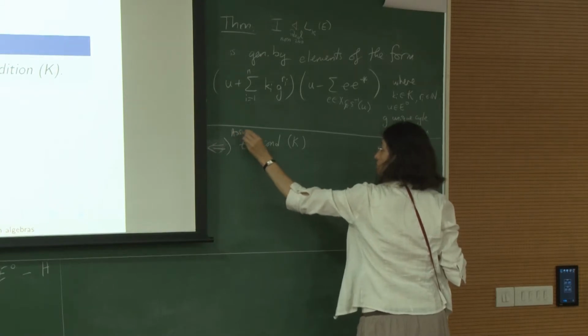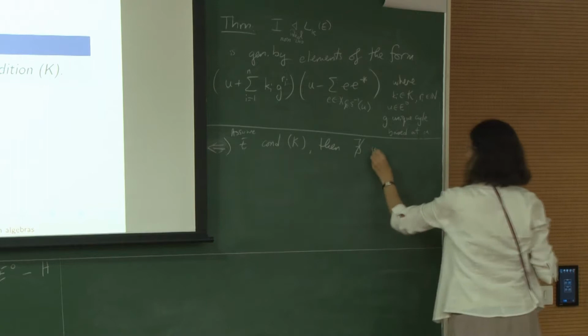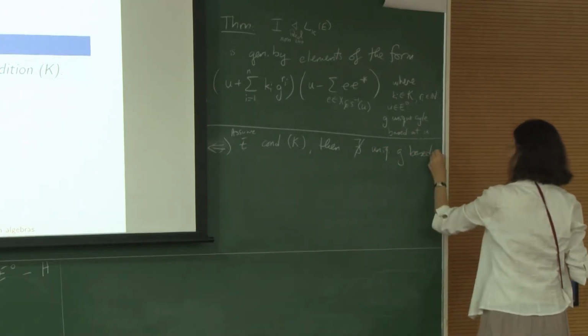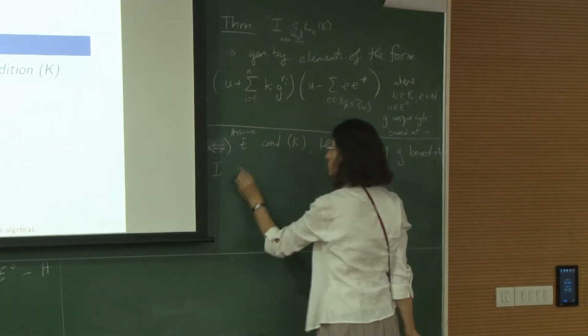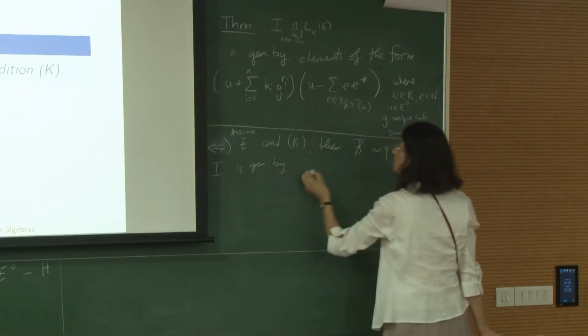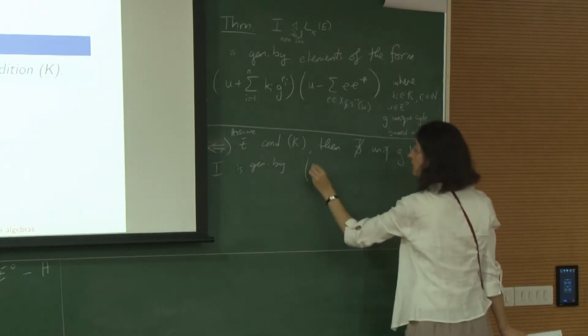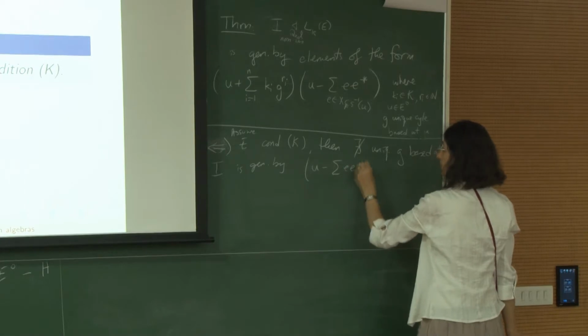Then any ideal is generated by U times this element, which is nothing but elements of this form.